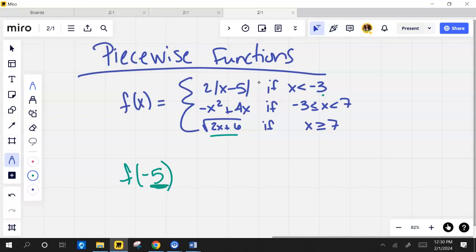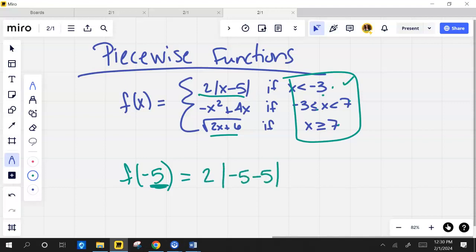So I have to decide which equation it matches, in other words, these restrictions here. Is -5 less than -3? Is it between -3 and 7, or is it bigger than or equal to 7? And it's this one because it's less than -3, right? That's -5. So that tells me that I'm going to plug into this very first equation. So f of -5 is going to be 2 times the absolute value of -5 minus 5, like this.